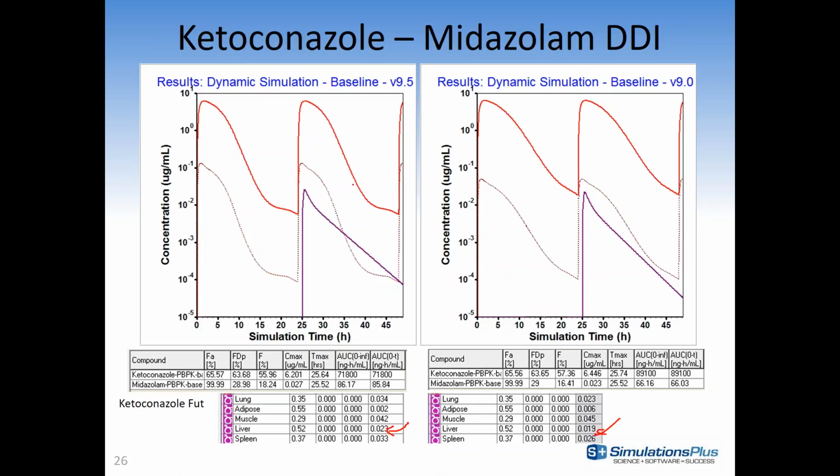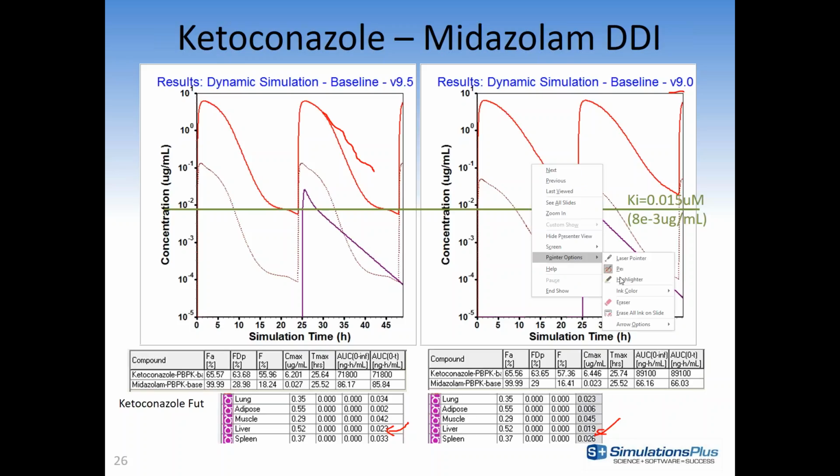The main change it creates in the Ketoconazole PK is that the concentration is decreasing at a slightly different rate. In version 9 it was decreasing at the slower rate. Now it's decreasing a little bit faster. But when it comes to effect on DDI, it's not really creating much of an effect.